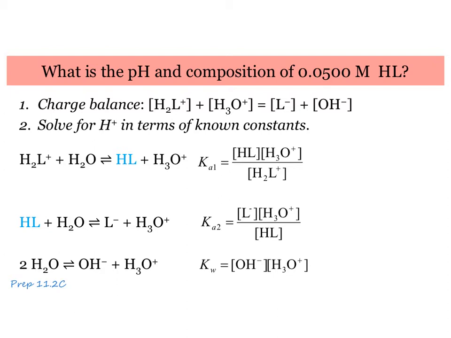We can employ the Ka1 expression to solve for H2L+ in terms of hydronium ion. The Ka2 expression incorporates L- with hydronium, and the autoionization of water brings in a method for saying hydroxide in terms of hydronium ion.